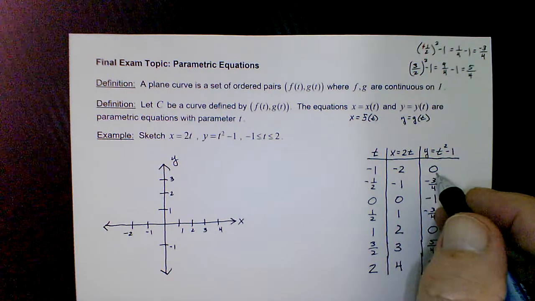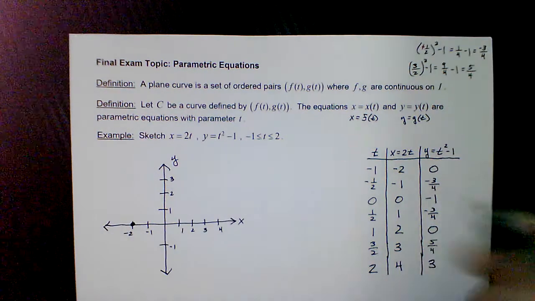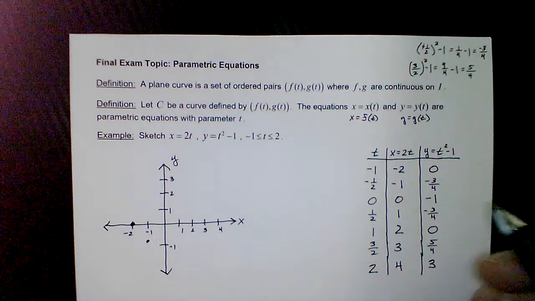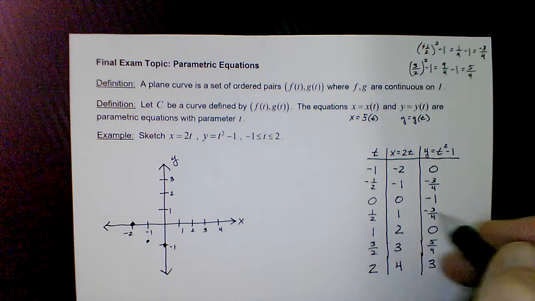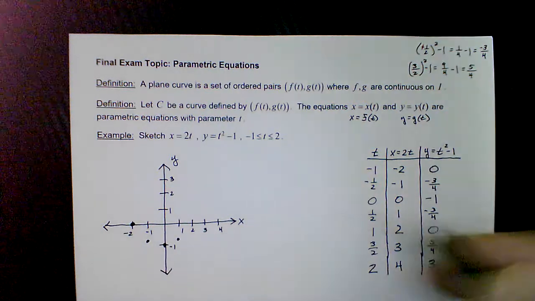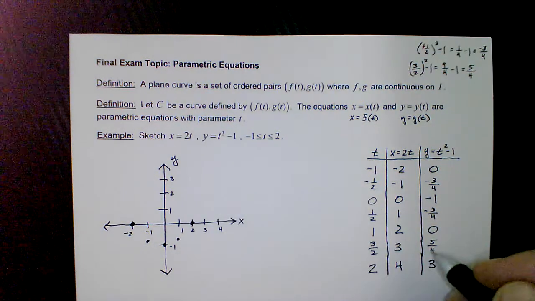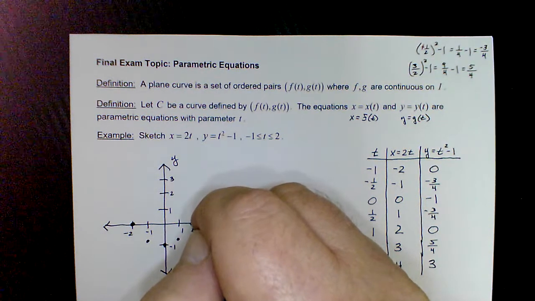The xy coordinates: negative 2, 0, that's right here. Negative 1, negative 3/4, roughly here. 0, negative 1, right there. 1, negative 3/4, roughly here. 2, 0, definitely right there. 3, 5/4, approximately here.